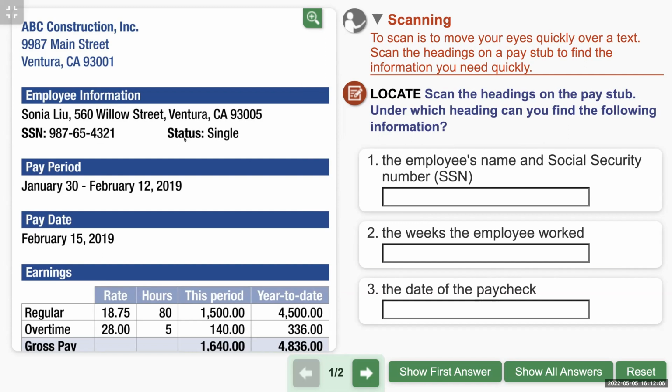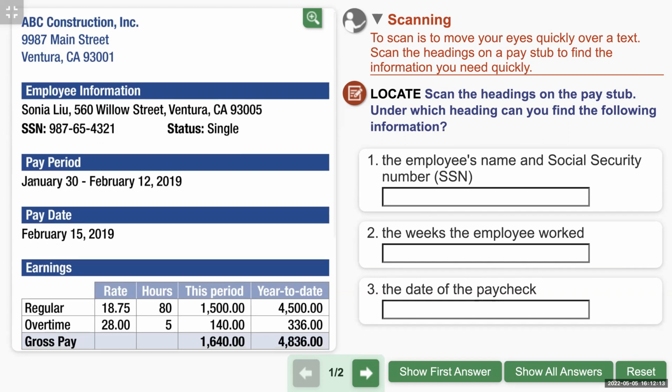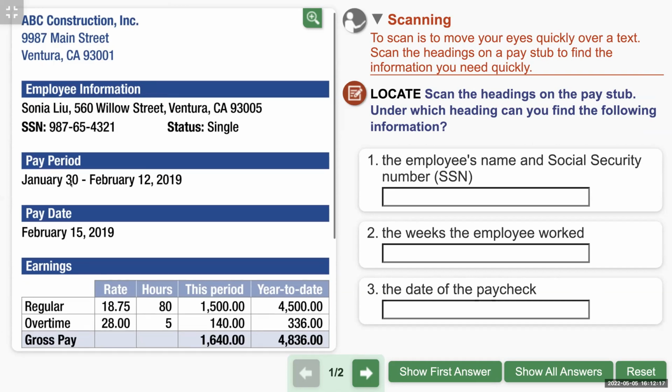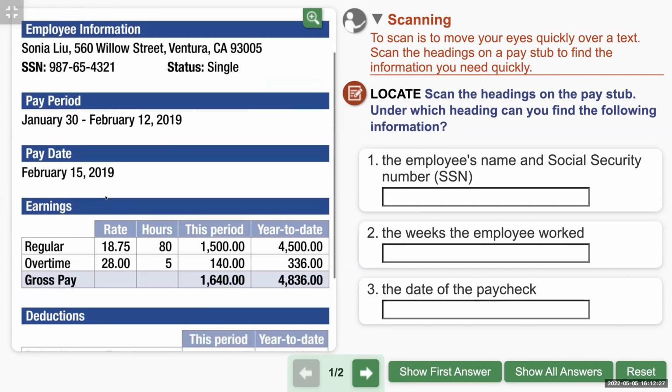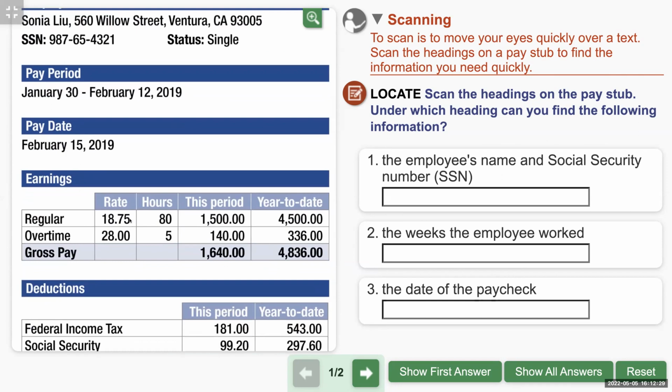It can also be widowed, but for Sonia, her status is single. This is for the pay period of January 30th to February 12, 2019. And she got paid on February 15th, 2019. So here it shows us how much money she gets paid regular, $18.75.